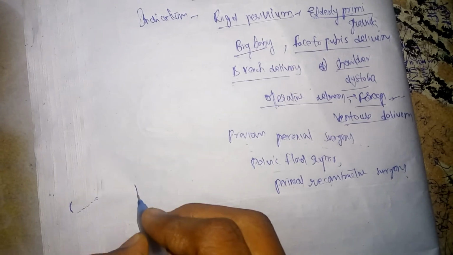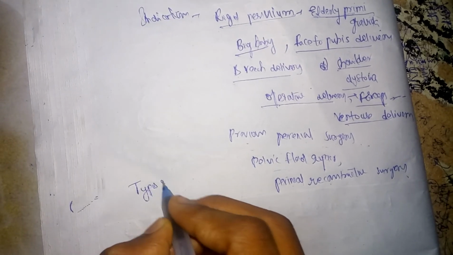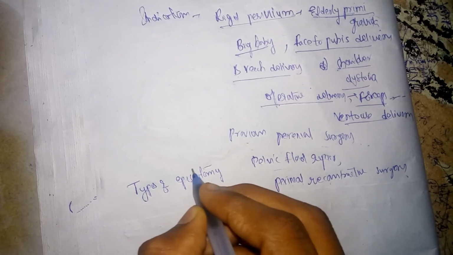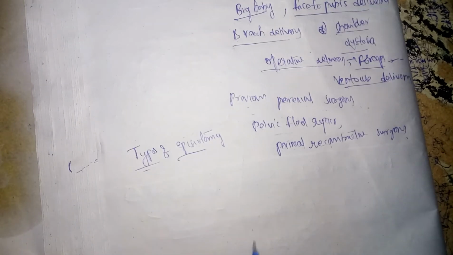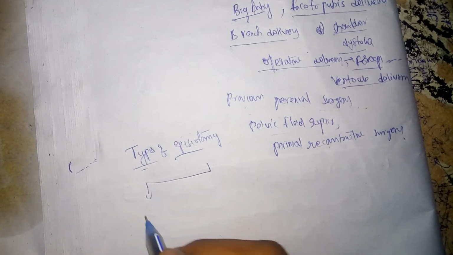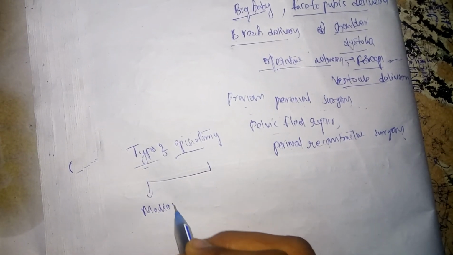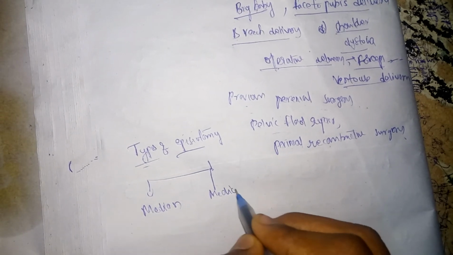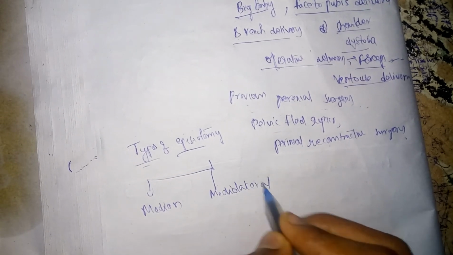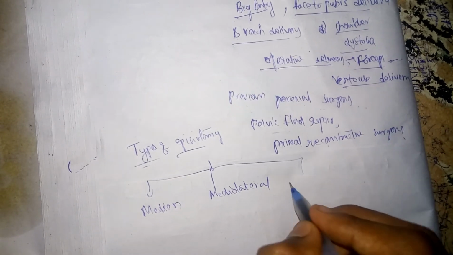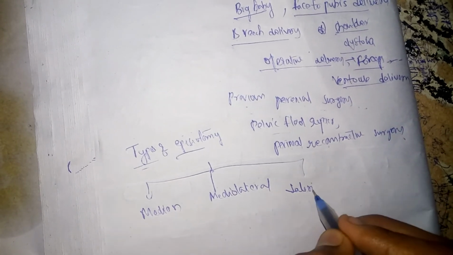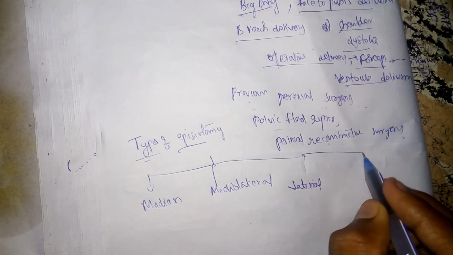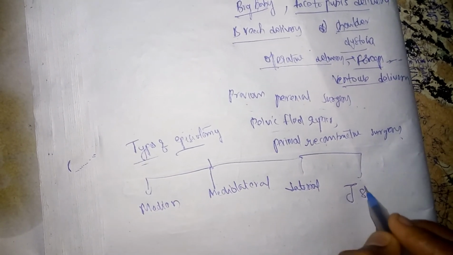Let's see the types of episiotomy. Mainly we have 4 types of episiotomies: median episiotomy, mediolateral episiotomy, lateral episiotomy, and J-shaped episiotomy.